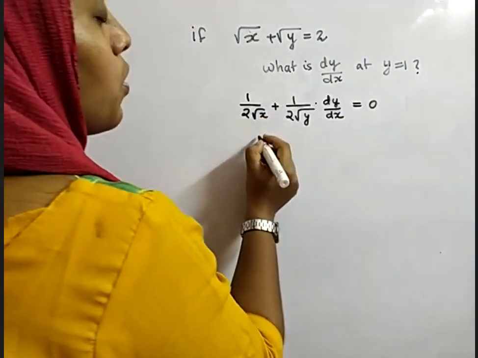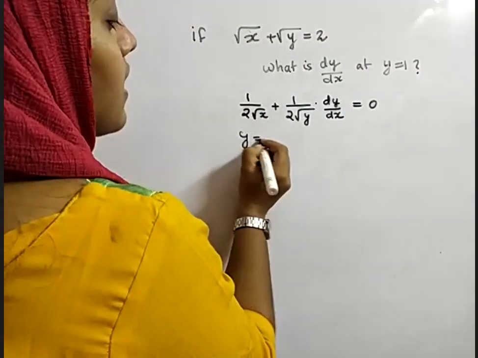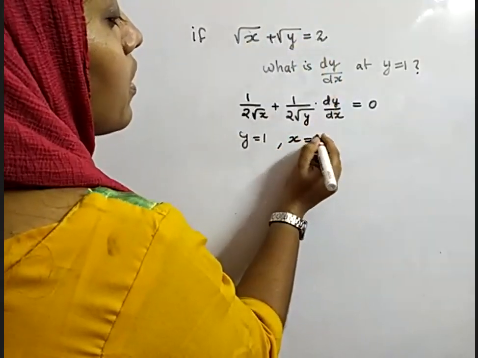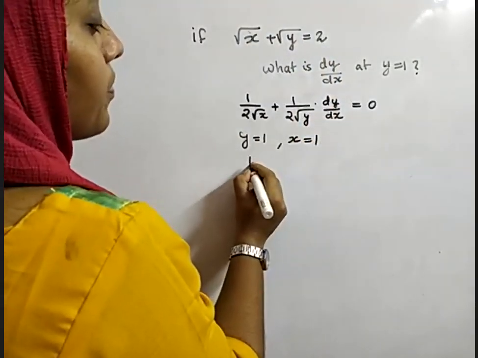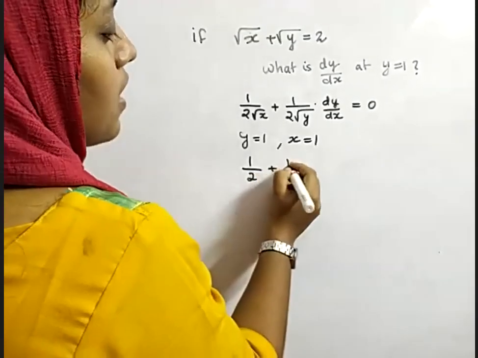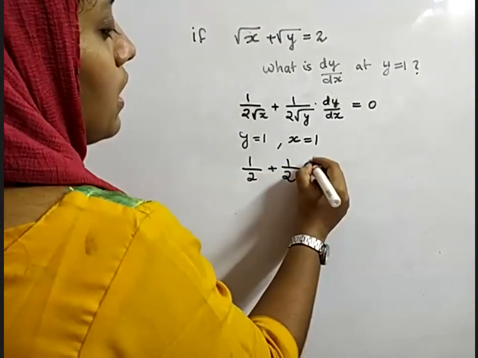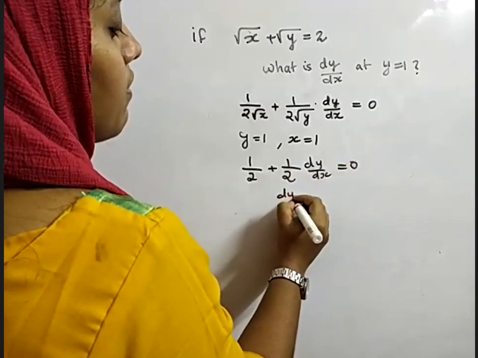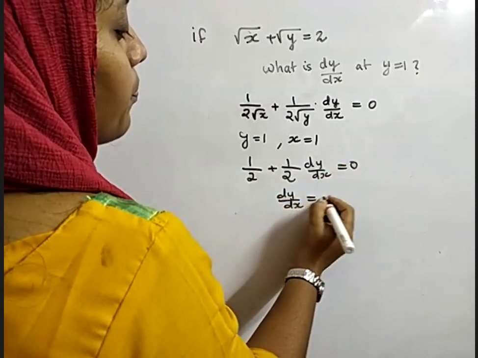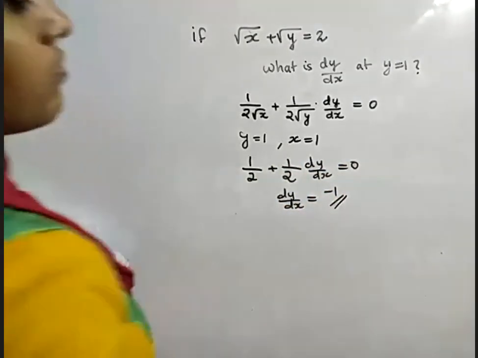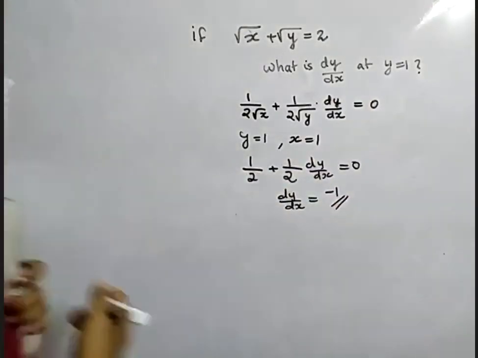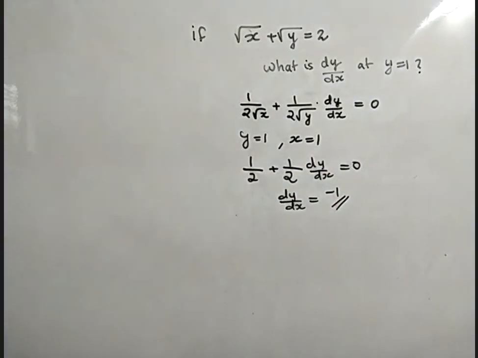So y is equal to 1 means, what is x? y is equal to 1 means x is also 1 now. So just substitute here: 1 by 2 plus 1 by 2 dy by dx is equal to 0. So dy by dx is equal to minus, and take this 1 by 2 to the other side, minus 1 by 2, cancelling 1 by 2.